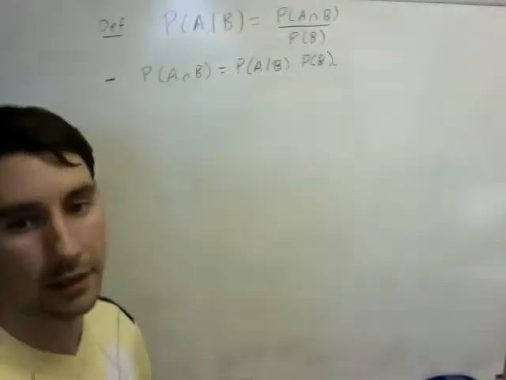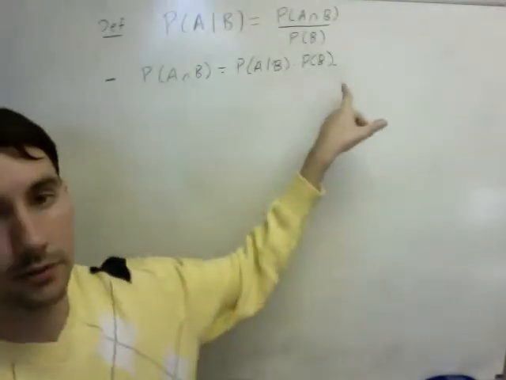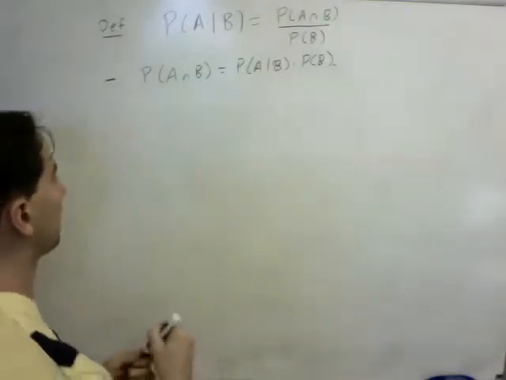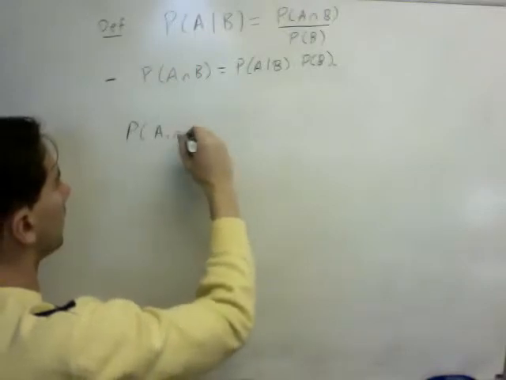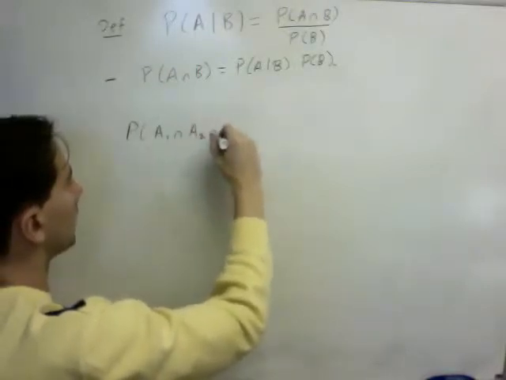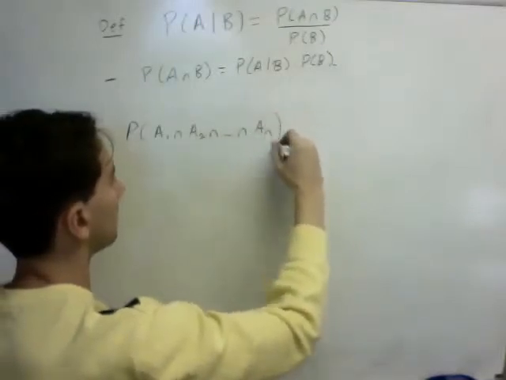And here's a place where we can use induction again. So this works for 2 events, but we can actually do it for more than 2 events. So let's say we have the probability of A1 intersect A2 intersect and so on down to AN.